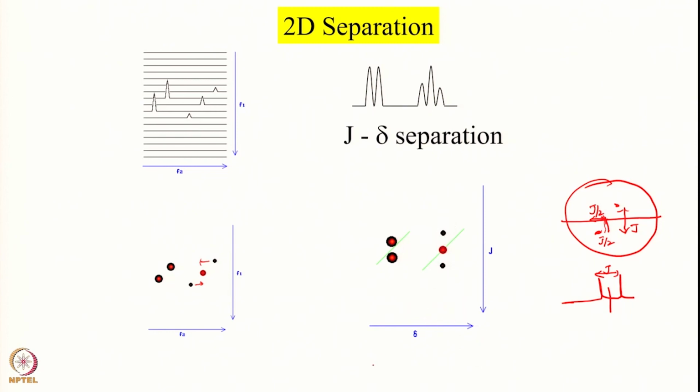If I take the projection here, I will have only one line, correct, which means I have decoupled the two spins. What was a doublet now appears as a single line, and what was a triplet will also appear as a single line. So this is homonuclear broadband decoupling. This amounts to broadband decoupling.